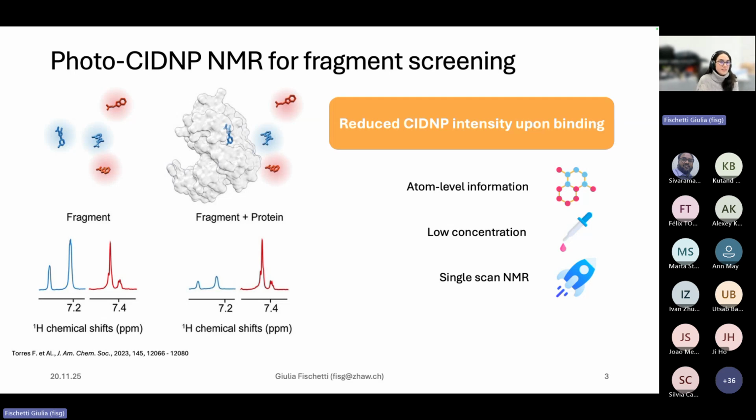And since the enhancement of the Photo-CIDNP effect is quite large, it is possible to obtain a sufficient signal to noise ratio with just a single scan of NMR experiments.